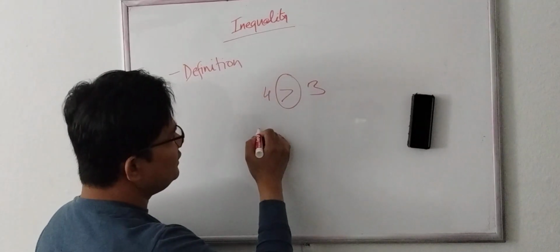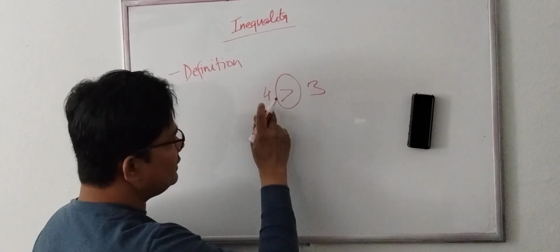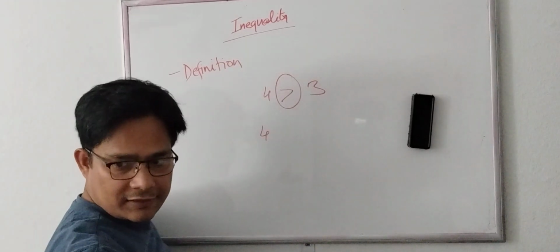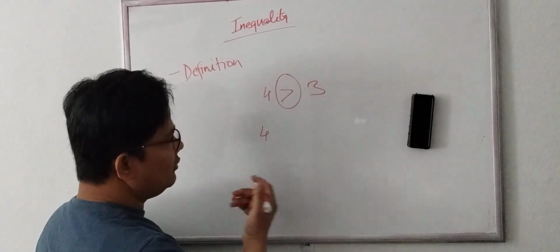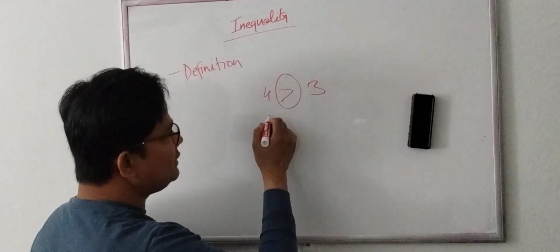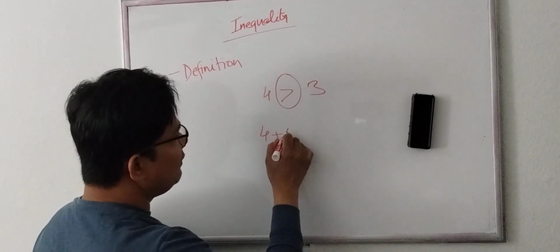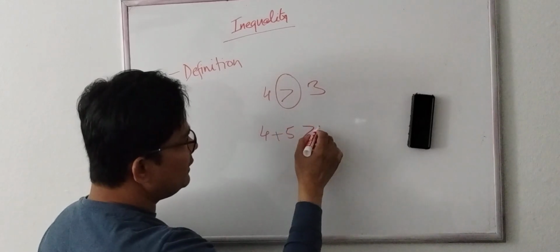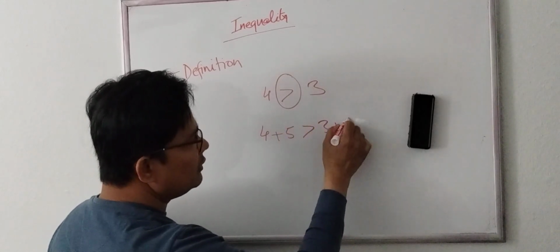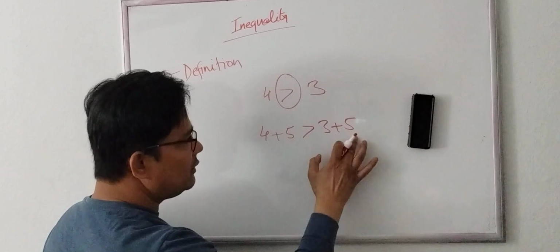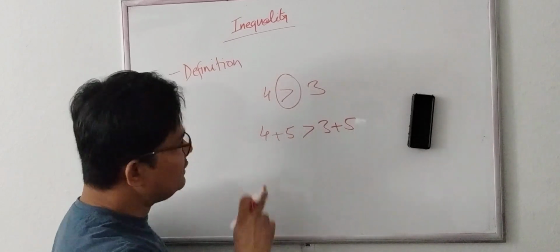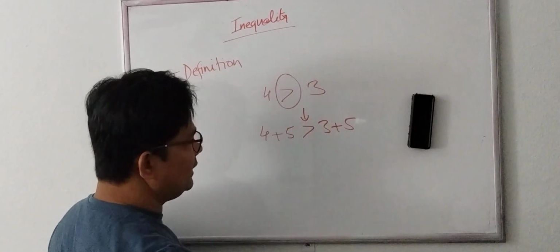What if you subtract something from this? Will it be the same or different? So let's try. 4 + 5 will be greater than 3 + 5. So no matter what you add here, the relationship will not change.